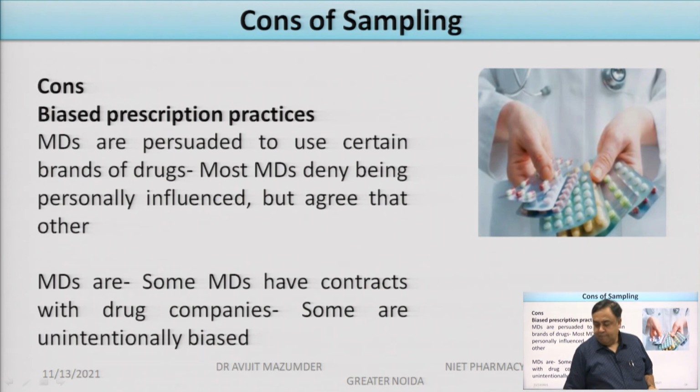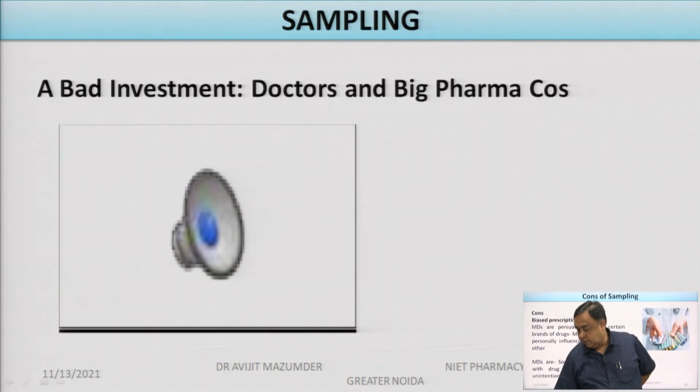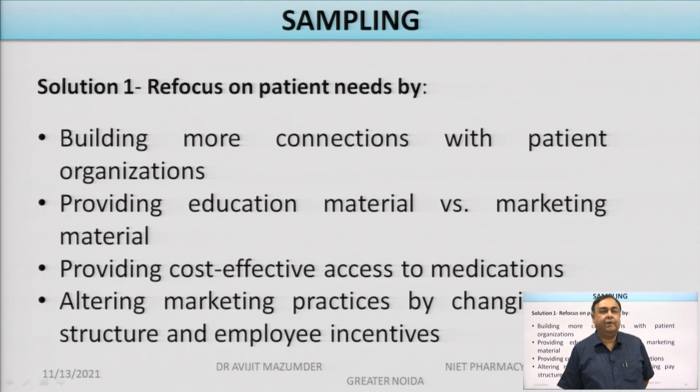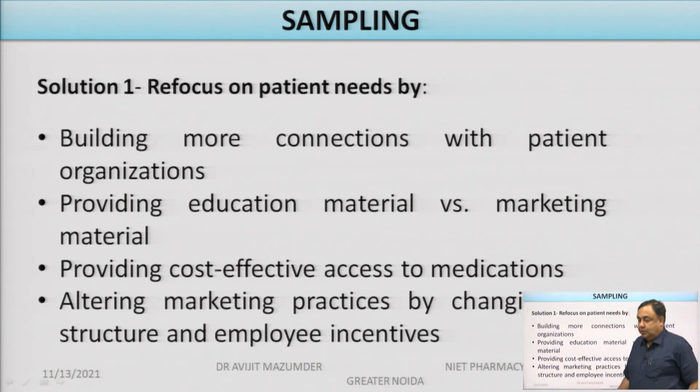In fact, some MDs have contracts with the drug companies, and they are getting biased. Now, the question is, how can it be avoided? Solution number 1, we should focus on the need of the patient. The very simple way of avoiding this prescription bias is to be patient centric.